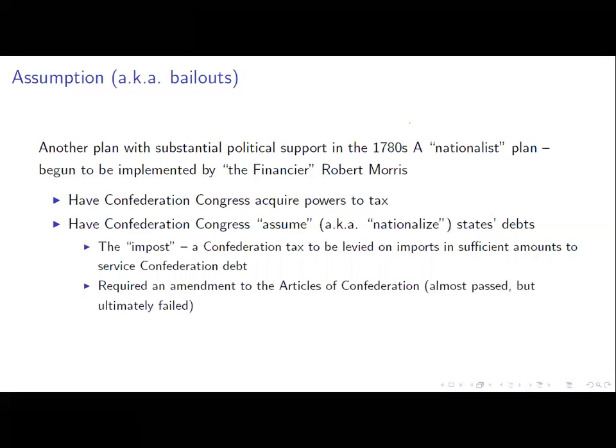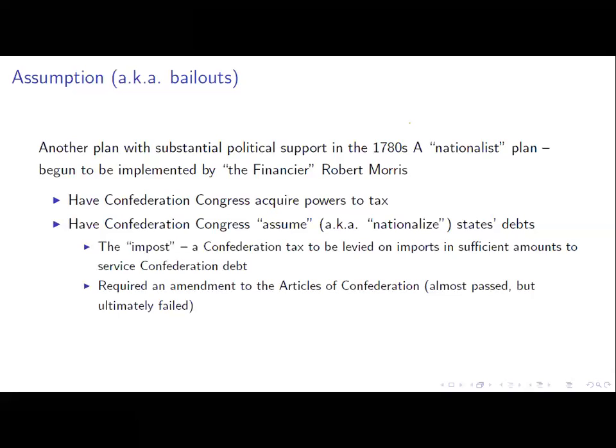What Robert Morris and later Alexander Hamilton want to do is assume those debts and align the interests of the moneyed men with the federal government, so that their own personal interests are with a strong central government that is well funded and robust and can then repay them.